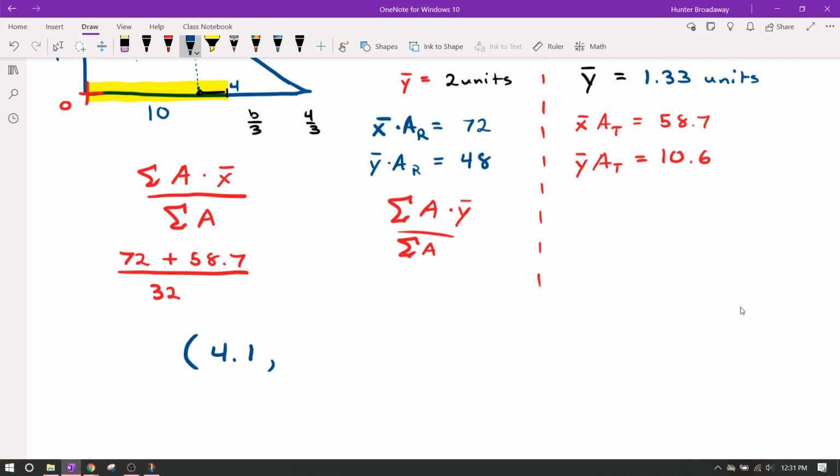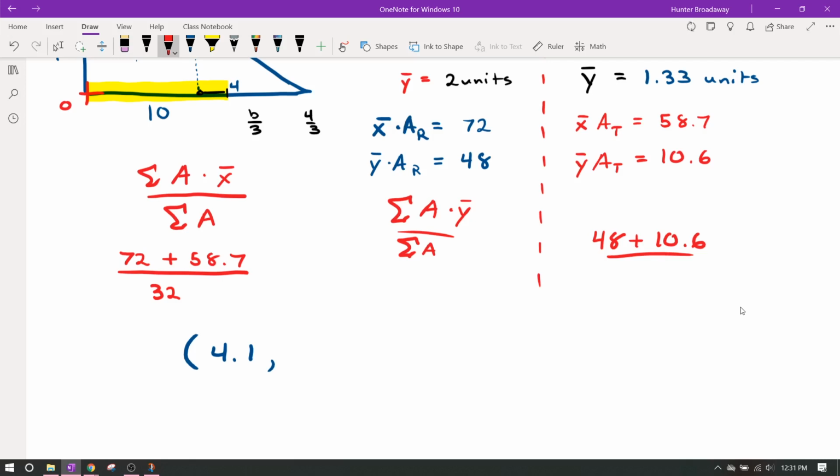For the other side, we have two products up here. We have the AR times y, and we have AT times y. This is the area of the rectangle times y and the area of the triangle times y. So what we're going to do is add, that's 48, okay, 48 plus 10.6, and then divide it by the sum of the areas again.